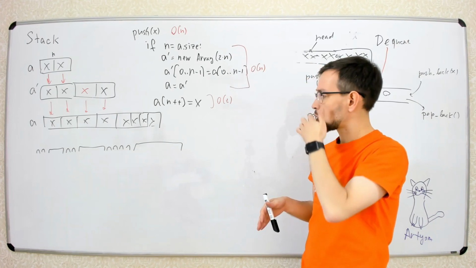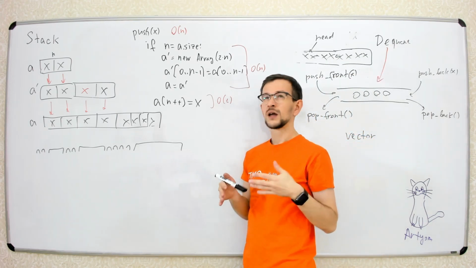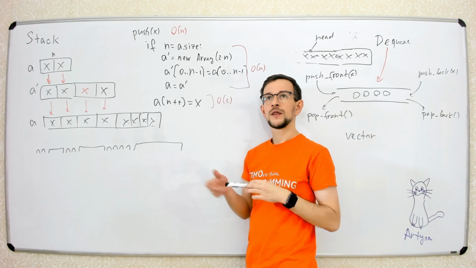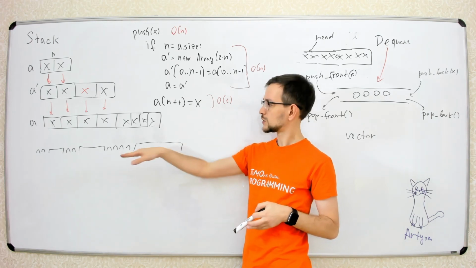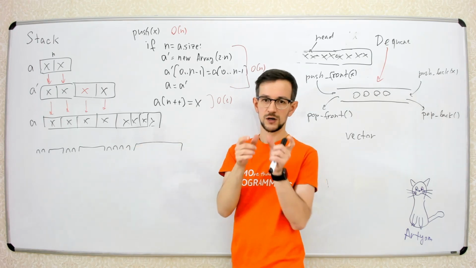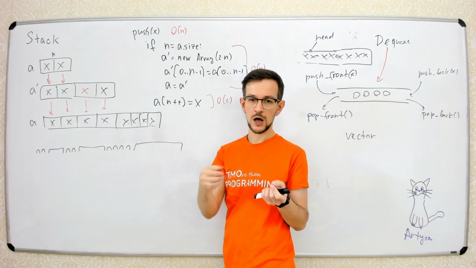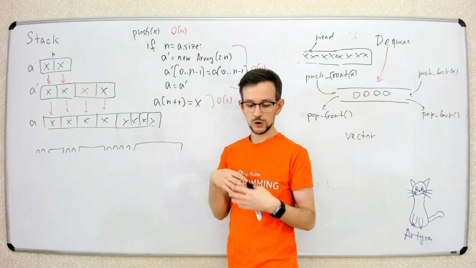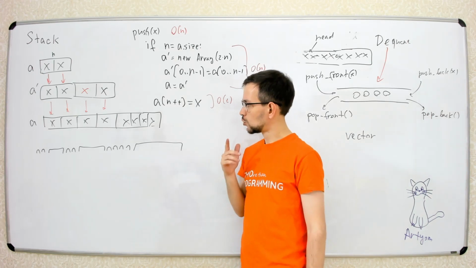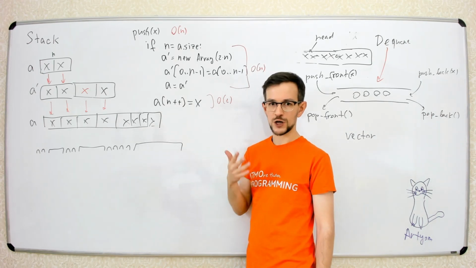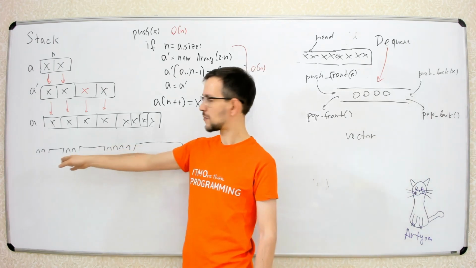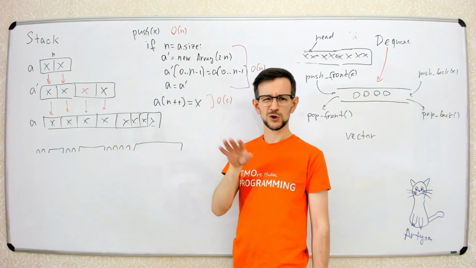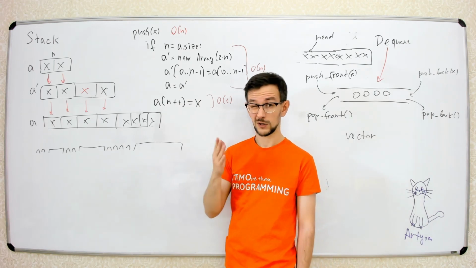What we want to analyze is that there are slow operations, but they are pretty rare. So sometimes you need to make slow operations, but not all the time. So what we want is to analyze the average time of an operation. It should be pretty small.